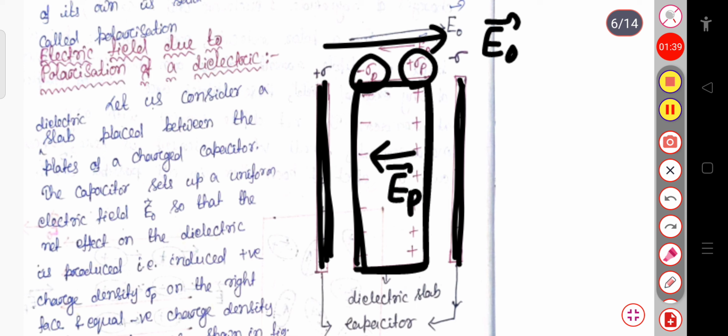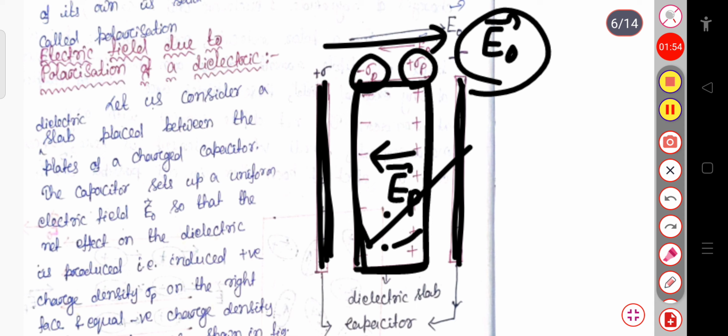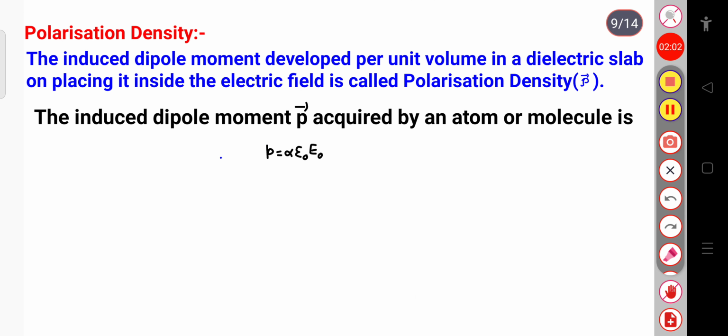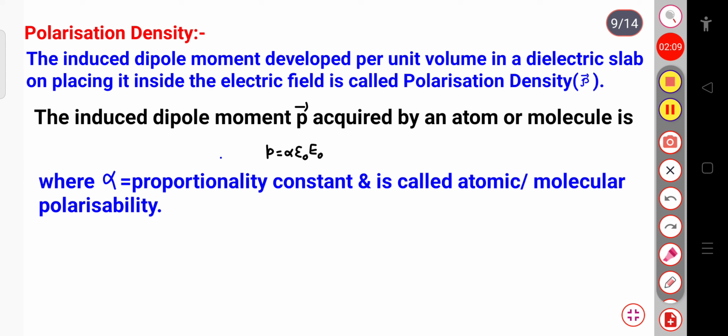So the induced dipole moment developed per unit volume in a dielectric slab, if we place it inside the electric field, is called the polarization density P. Here the induced dipole moment p will be equal to alpha epsilon naught E naught, where alpha is the proportionality constant, also called the atomic or molecular polarizability.